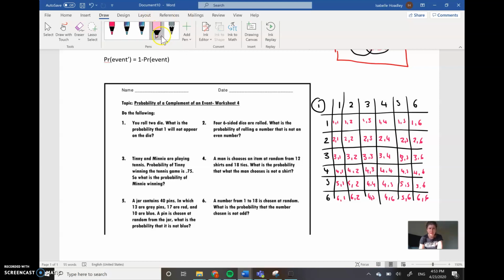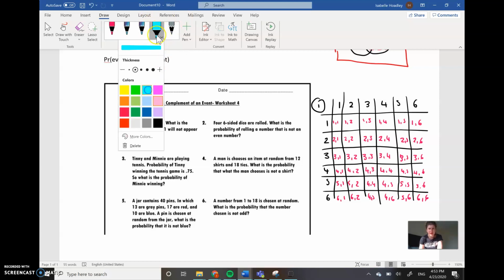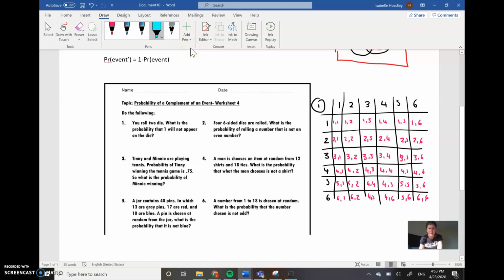Now, I'm going to work this out. So we're going to look at all of the probabilities. What is the probability that a 1 will not appear? With this, because there are so many different outcomes, it's easier to look at the probability where 1 does occur and then subtract that from 1. So I'm going to highlight here every time I see a 1.